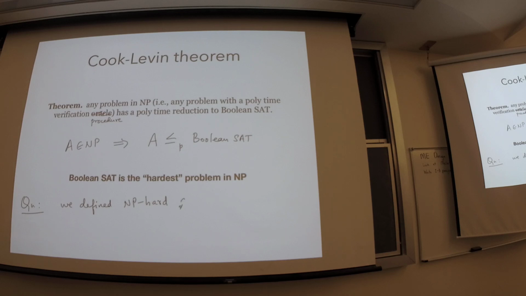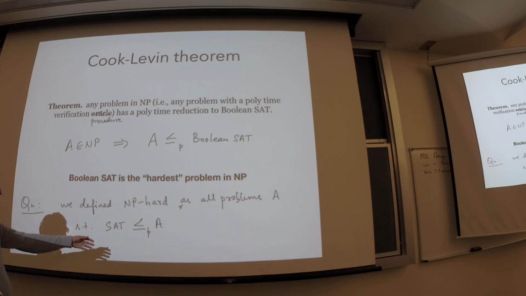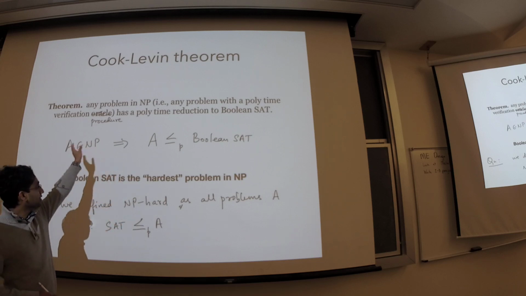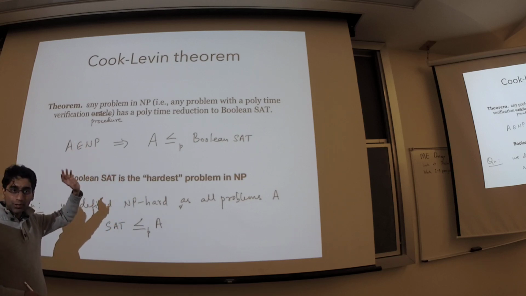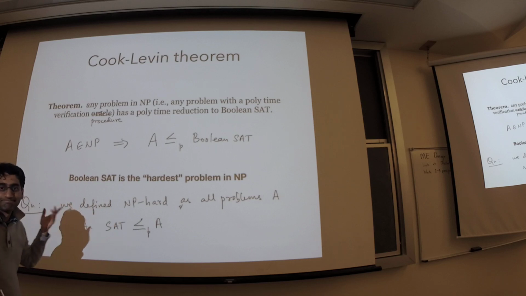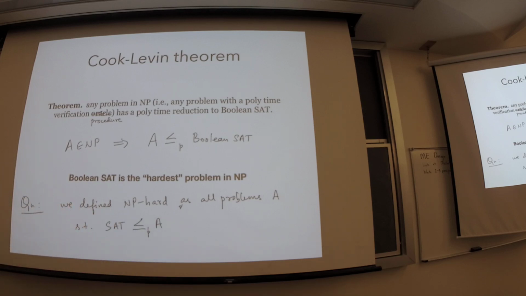NP hard has all problems A such that, let me stop writing Boolean, let me just write sat, such that sat reduces to A. And so if a problem is NP hard and it's also in NP, then the Cook-Levin theorem automatically implies that it's NP complete. So that's the nice point.